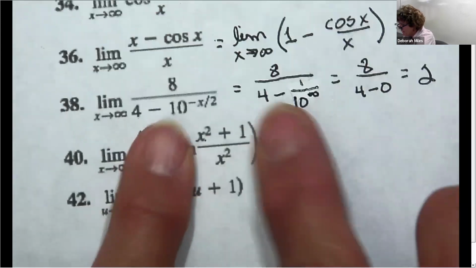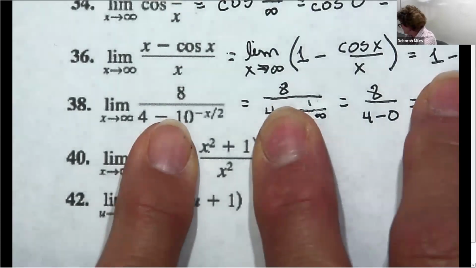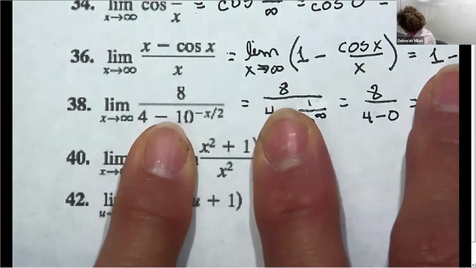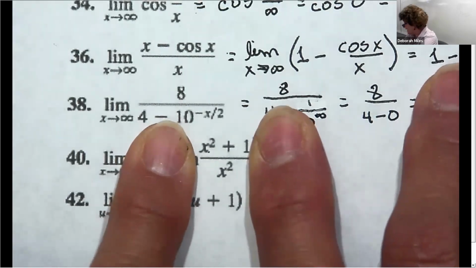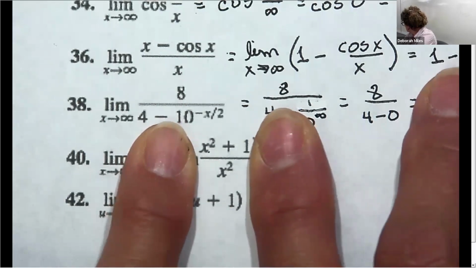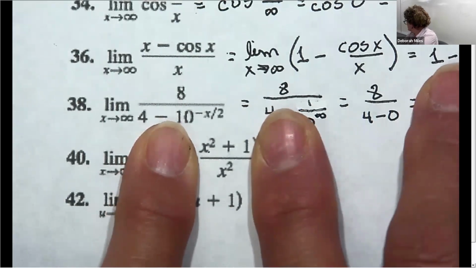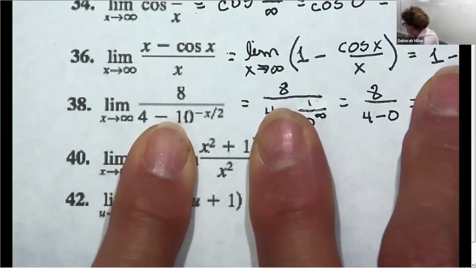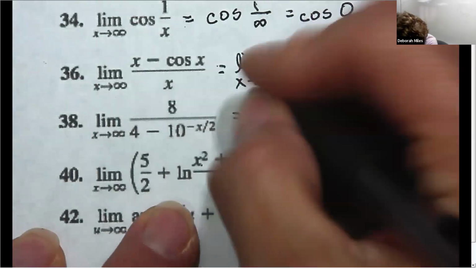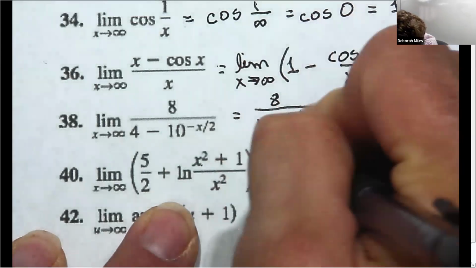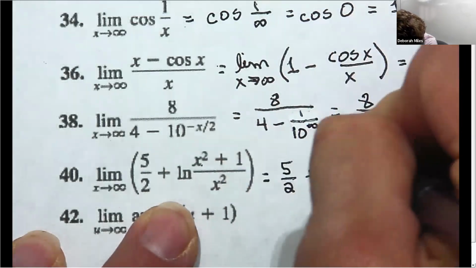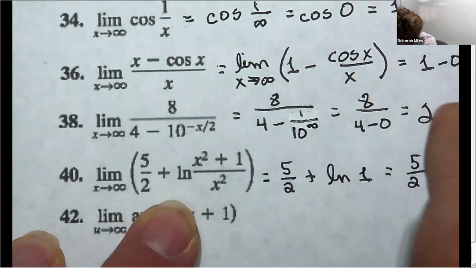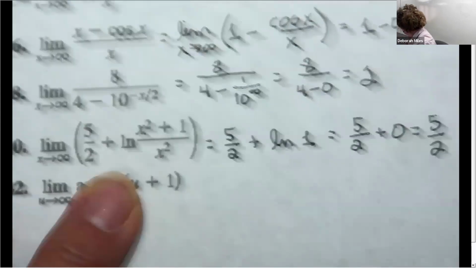You could just look at that part and say the theorem on horizontal asymptotes says if the numerator and denominator are getting big at the same rate, then the limit as x goes to infinity is the ratio of the leading coefficients. So that's 5/2 plus natural log of 1. And natural log of 1 is 0. So that's just 5/2.